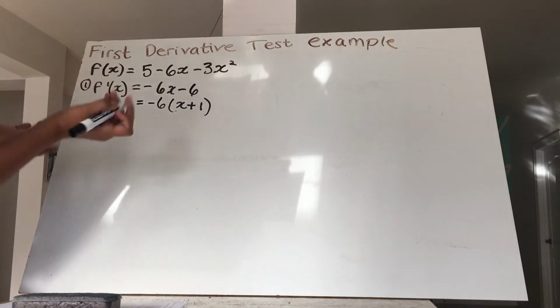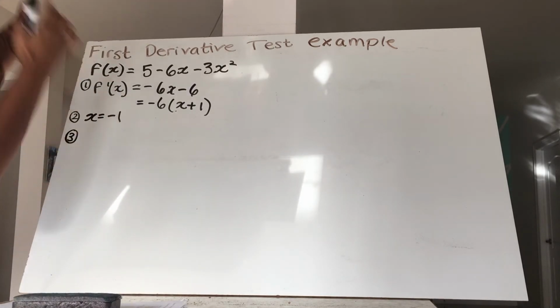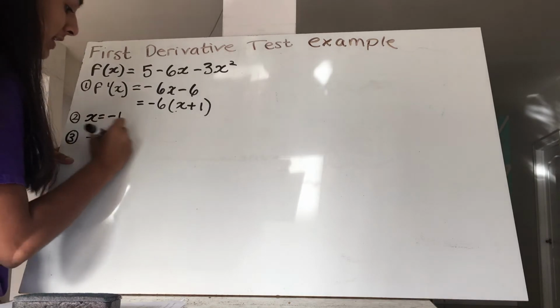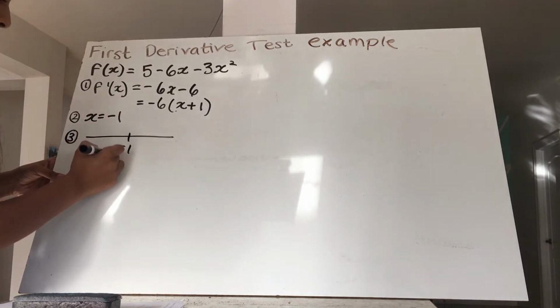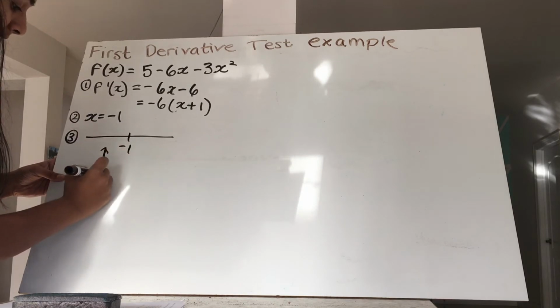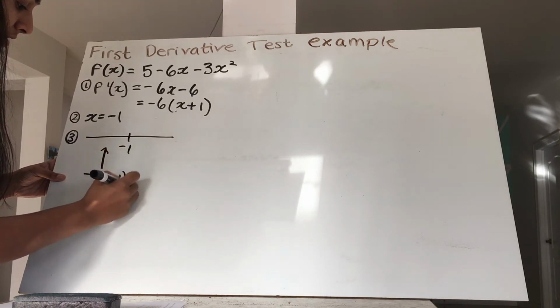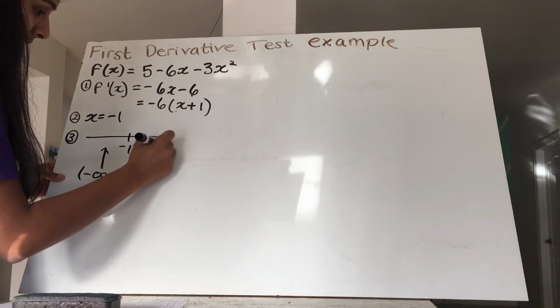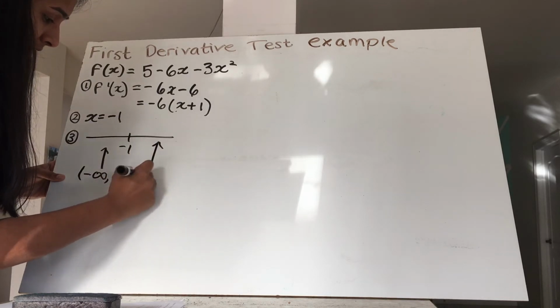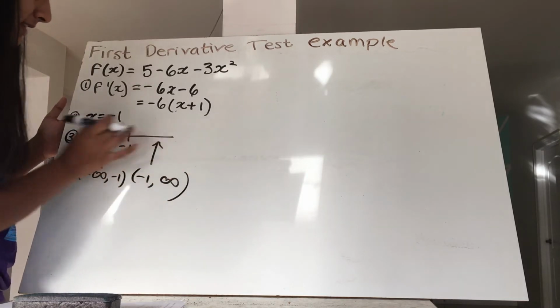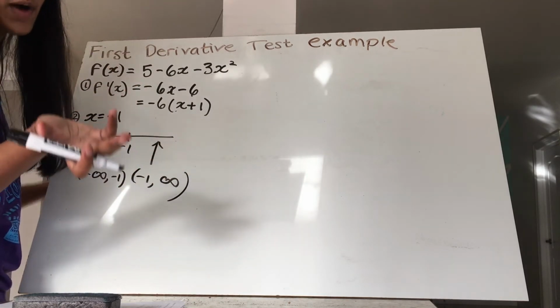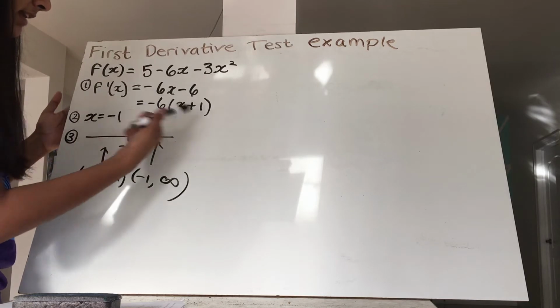So now we're going to go on to our next step, which is making our sign chart. So we have our line, we add our one critical number to it, which is negative 1. And let's just identify our intervals. This is negative infinity to negative 1. And this is negative 1 to infinity. So now we plug in numbers in these intervals to find if it's negative or positive. So let's just plug in negative 2.